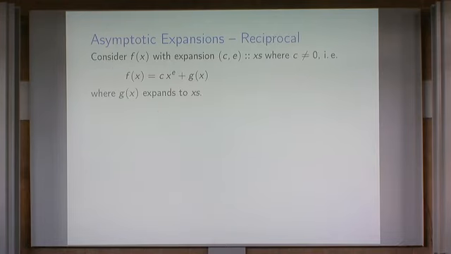So if we have a function f, and we just assume that it's of the form some leading term that is non-zero and some tail, then essentially we can write it like this, where the g is of lower order and has the expansion xs. And then we can rewrite this a little bit, and then it looks like this.